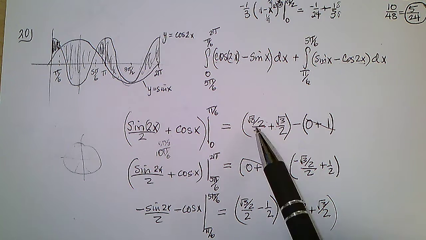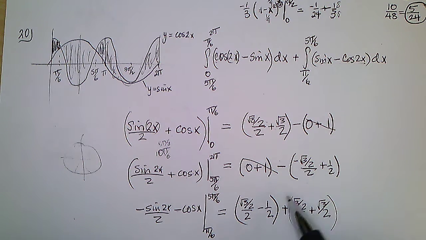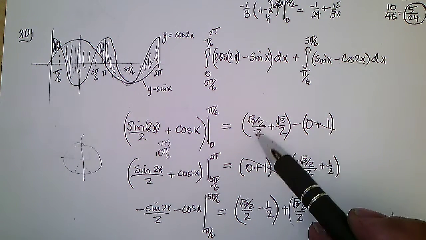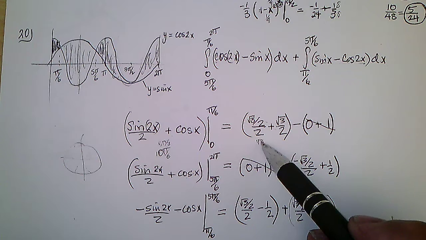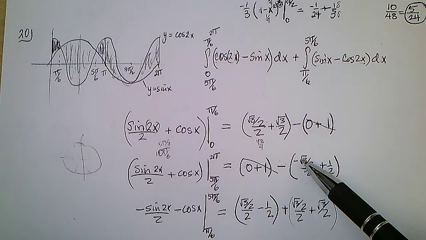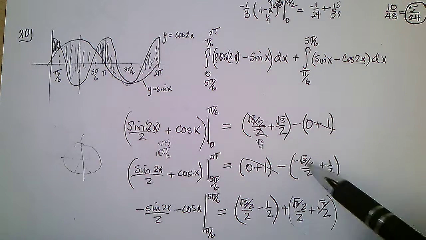So we've got 1, 2, 3, 4 halves, which is 2 square root of 3, so it's just the square root of 3. Because square root of 3 over 2 over 2 is the square root of 3 over 4. We have that 1. This is plus 2, 3, 4. So that's the square root of 3. That takes care of those.